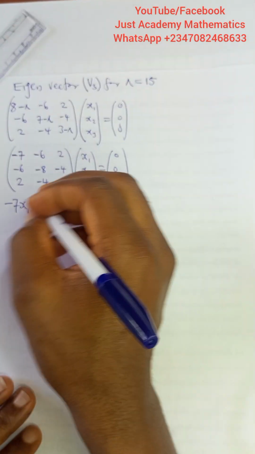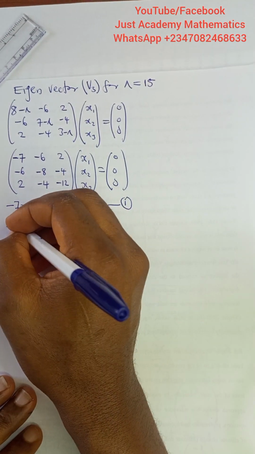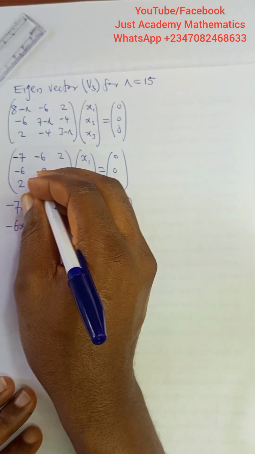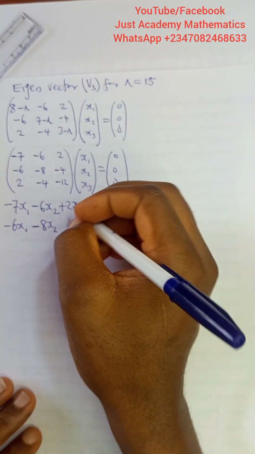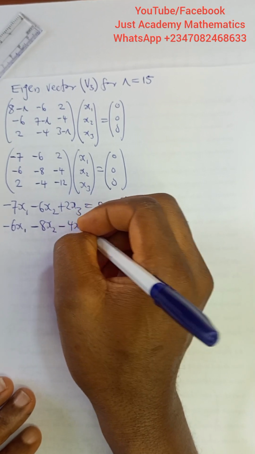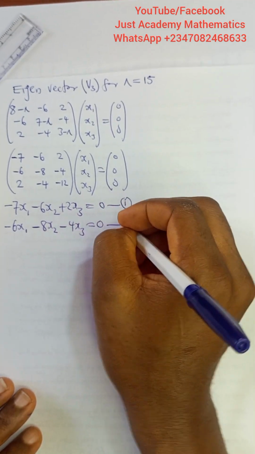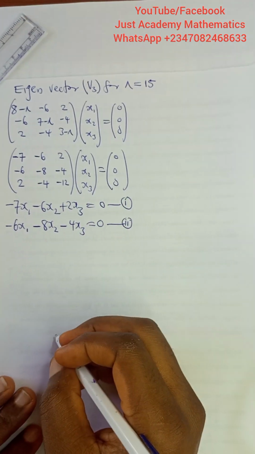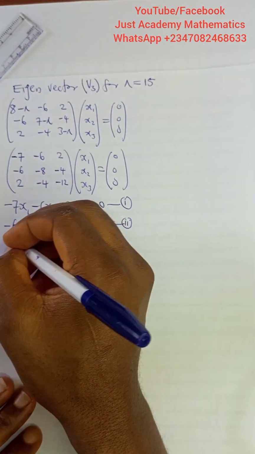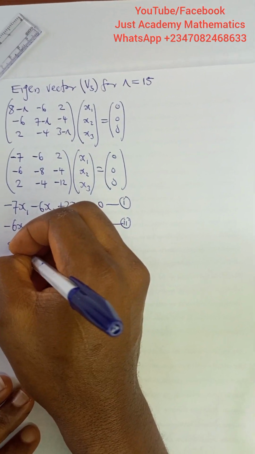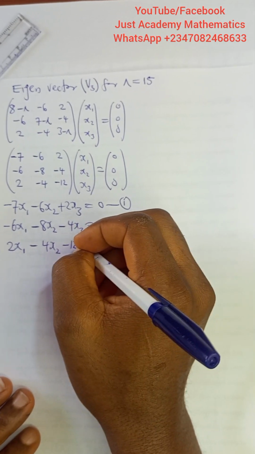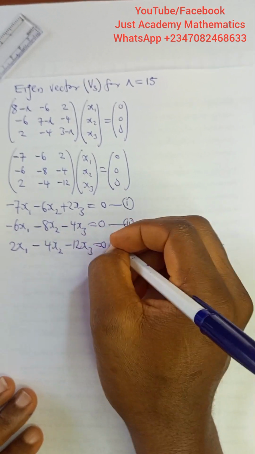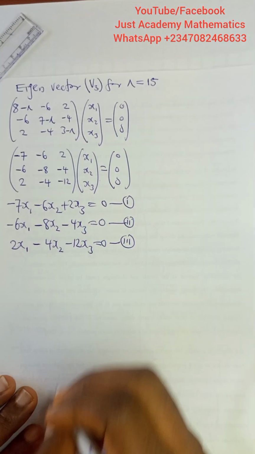Same thing again: minus 6x1 minus 8x2 minus 4x3 is equal to 0, equation 2. Then the last one, 2x1 minus 4x2 minus 12x3 is equal to 0, equation 3.